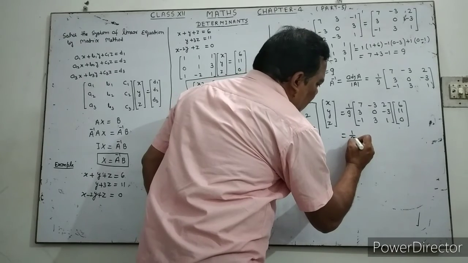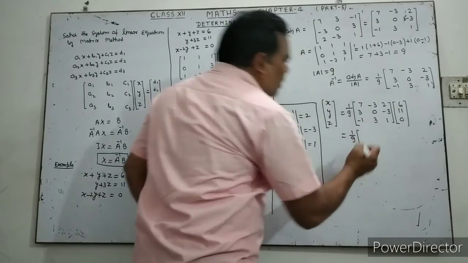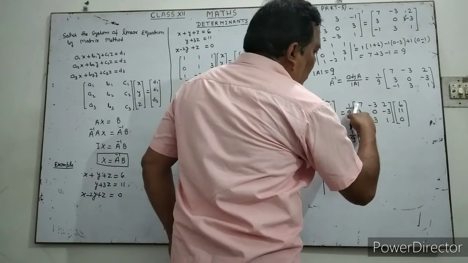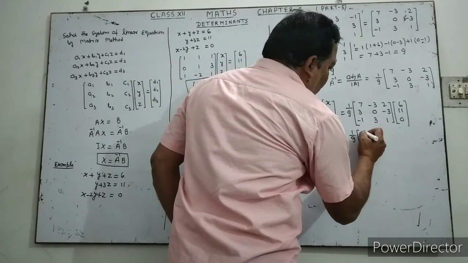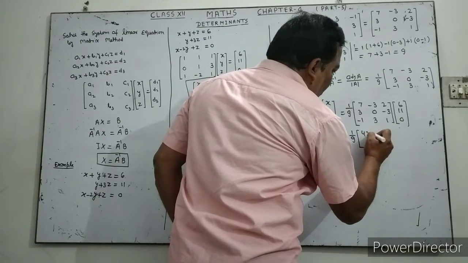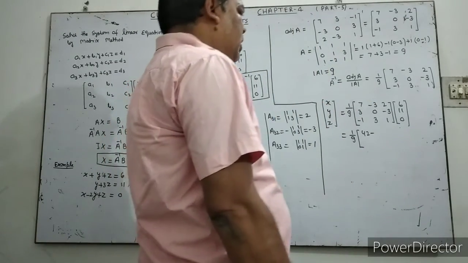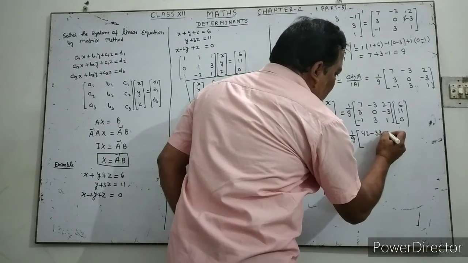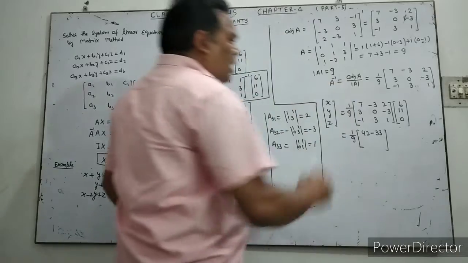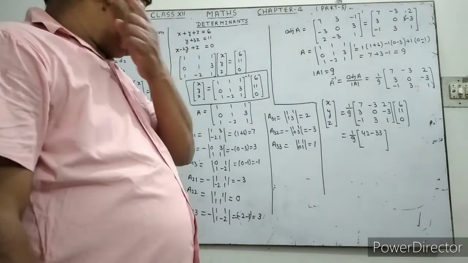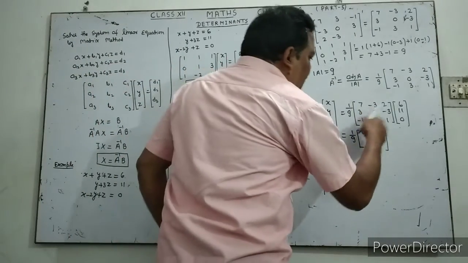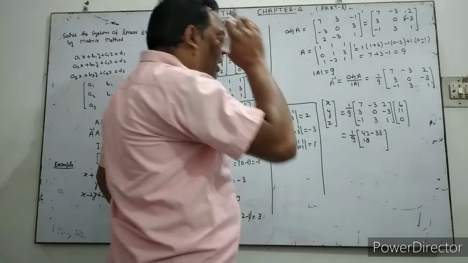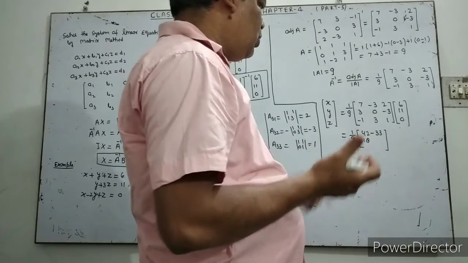This is 1 by 9. First row in first column, this is 42 minus 33. And second row, second column, this is 18 minus 0.